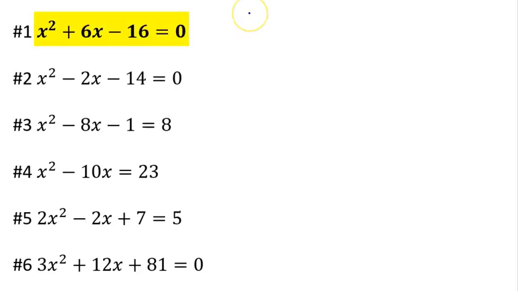All right, starting with our first one, I'm just going to copy it down. I can see that A is 1, and so that one is good to go. I'm going to go ahead and move all of my constants over to one side. I have x squared plus 6x equals 16.